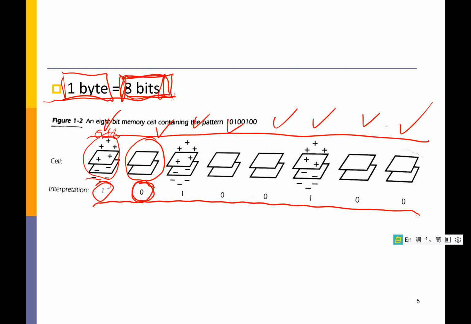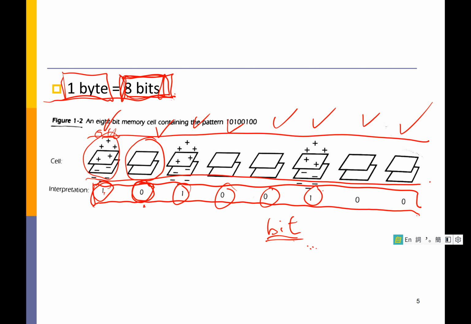So this sequence of plates, charged or discharged, we call a sequence of bits. And in this example, it represents 10100100. Okay? And it is 8-bit information. We got the 8-bit information here, or we can call it 1 byte of information.